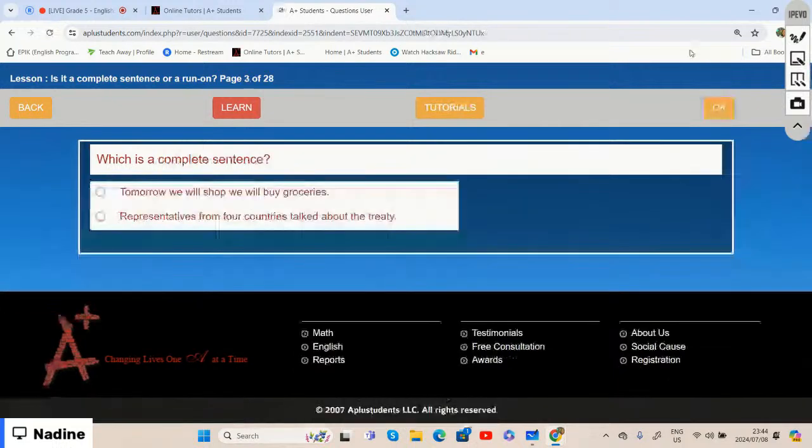Well done. All right. It says, which is a complete sentence? This is the last one. Remember, a complete sentence has a subject and a verb. Is it option one, "Tomorrow we will shop, we will buy groceries," or option two, "Representatives from four countries talked about the treaty"?